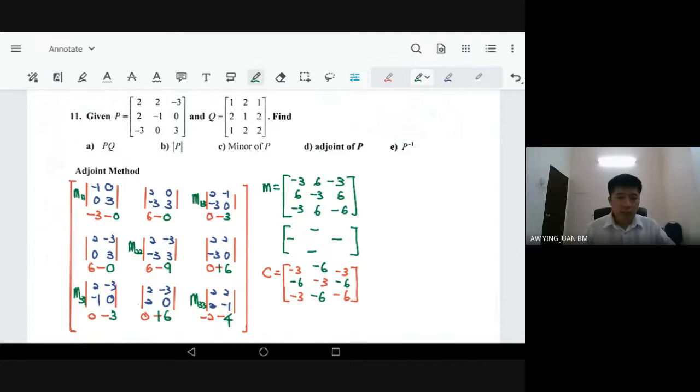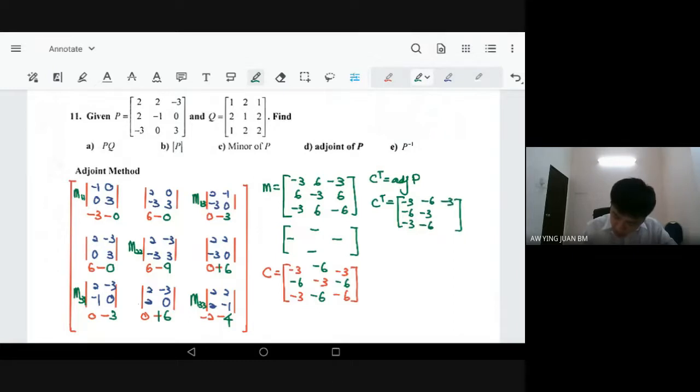Next is to find the C transpose or the adjoint. In here, C transpose is equal to the adjoint of P. Remember, transpose: the rows of the cofactor become columns. Next we have negative 3, negative 6, negative 3, followed by negative 6, negative 3, and then negative 6.